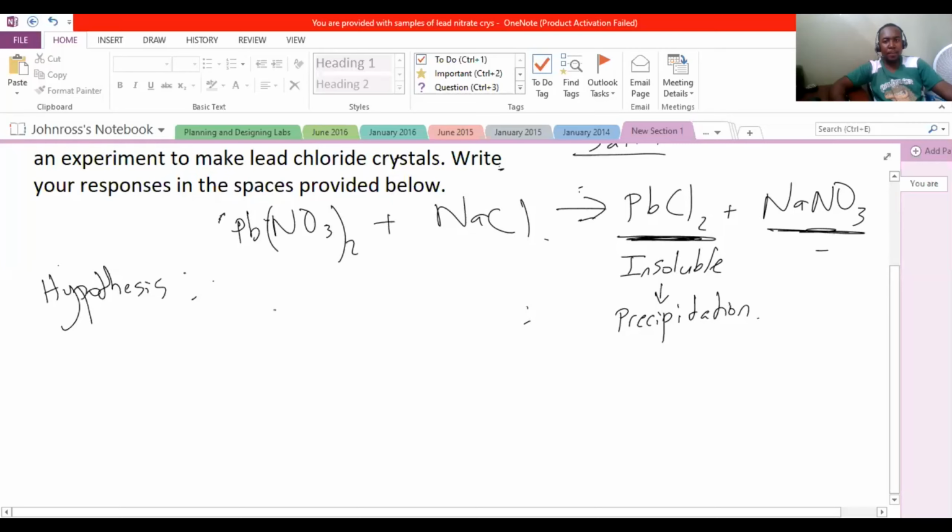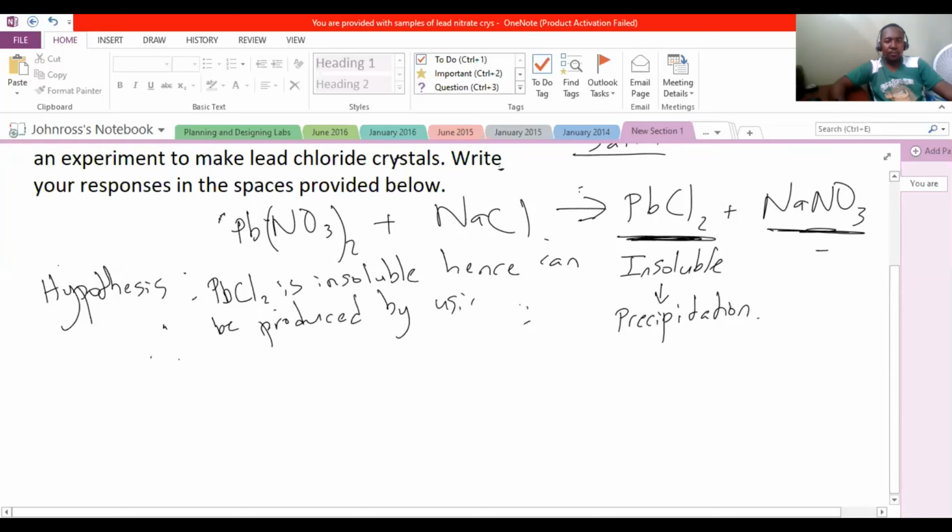Lead chloride is insoluble, hence it can be produced using ionic precipitation, by using your precipitation method.